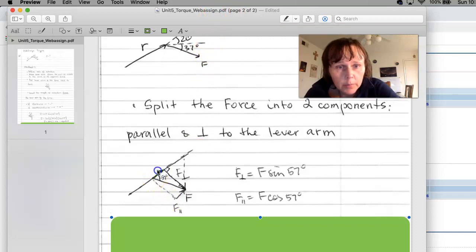So this is the parallel component, right? It's also shown right here, which is F times cosine 57, and this one is a perpendicular component right here, which is also shown here, which is F times sine 57 degrees.